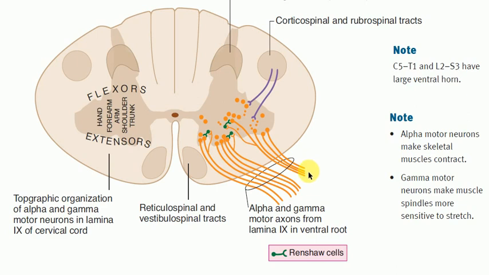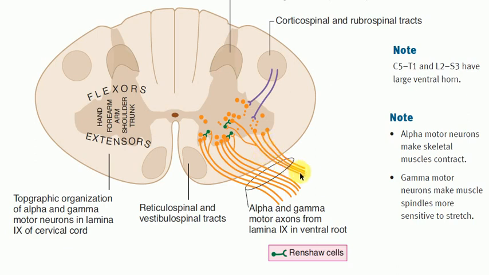Now, what the gamma motor neurons do, this is another type. These are another type of neurons that are present in the ventral horns. One is the alpha motor neuron, and one is the gamma motor neuron. So what do the gamma motor neurons do? The gamma motor neurons also exit in the ventral roots.